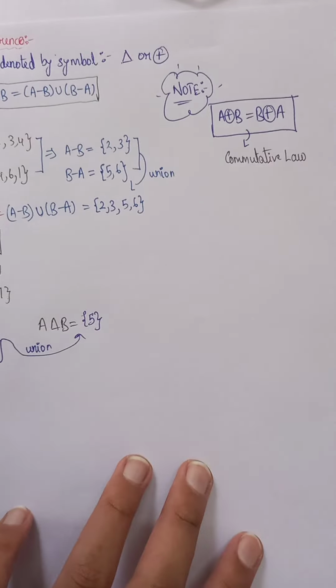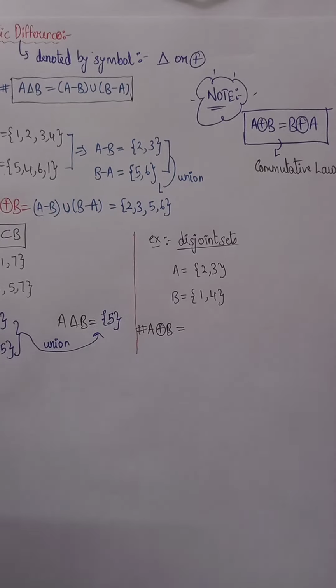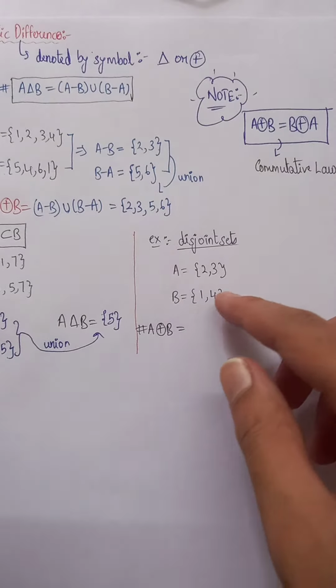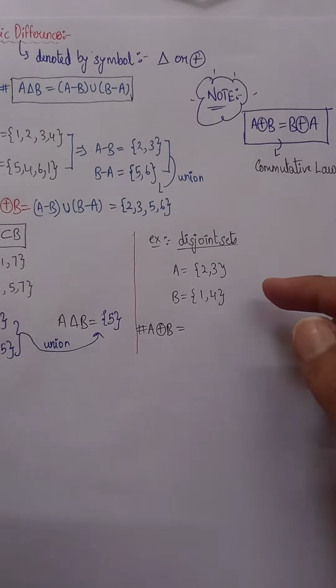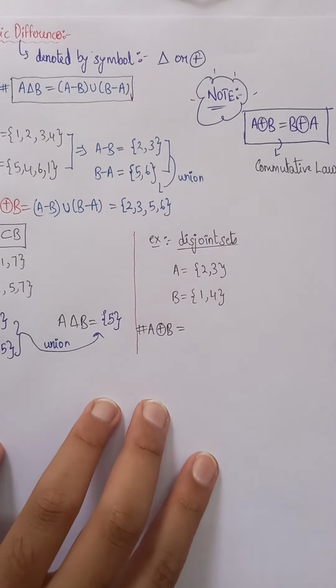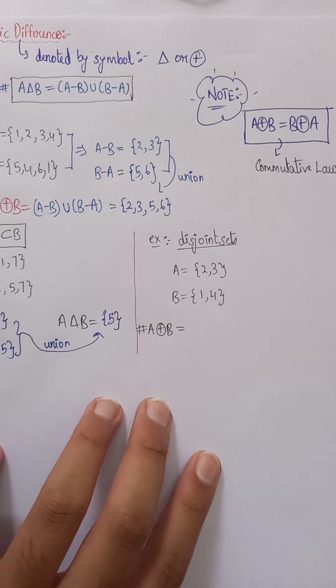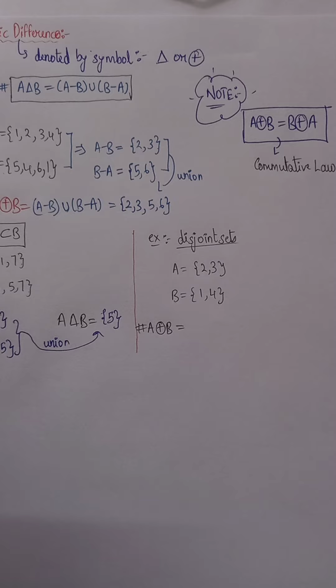Let's do another example. It is based on disjoint sets. What are disjoint sets? Disjoint sets mean A intersection B is equal to the empty set. From the last lecture we did an example on disjoint sets.